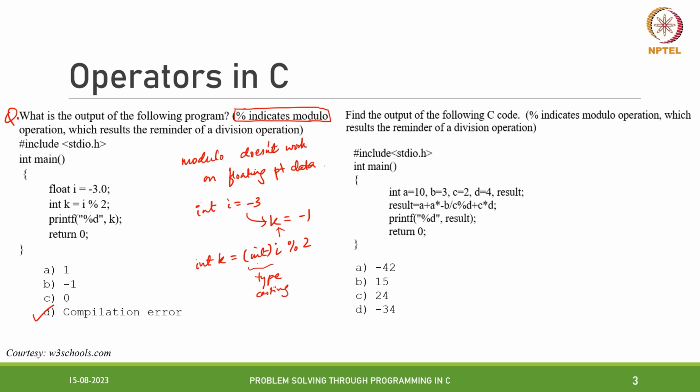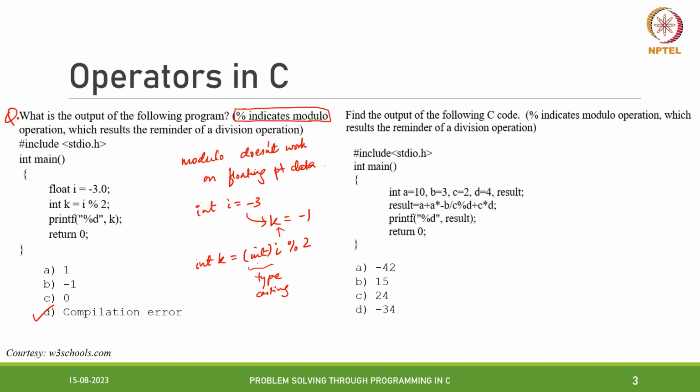Basically you are converting a floating variable, which is I, to type integer before the evaluation happens, because modulo can do evaluation only with integers. So you have to typecast the float to integer.